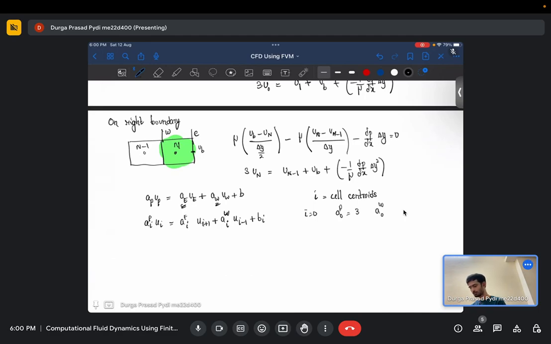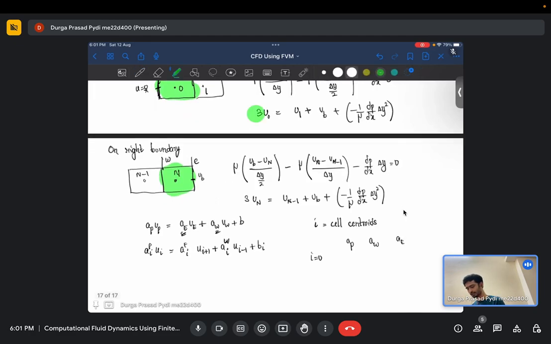Let's put it in a table form so it will be simple. I'll write AP, A west, A east. For i equal to 0, this is my AP term, and the other terms are just 1. So AP is essentially 3.